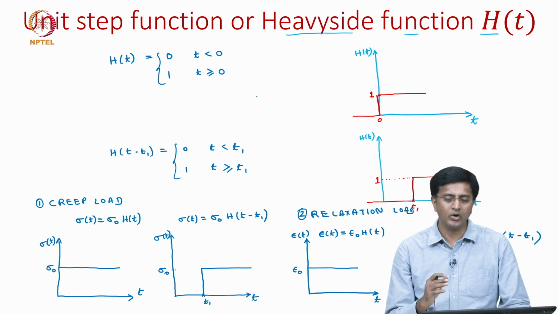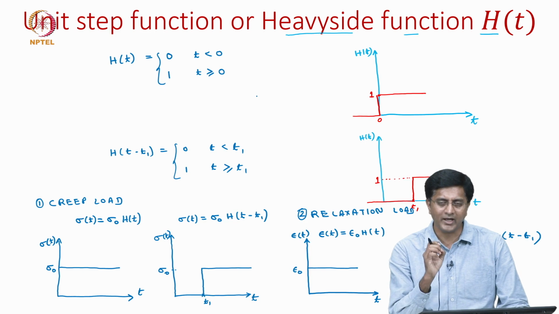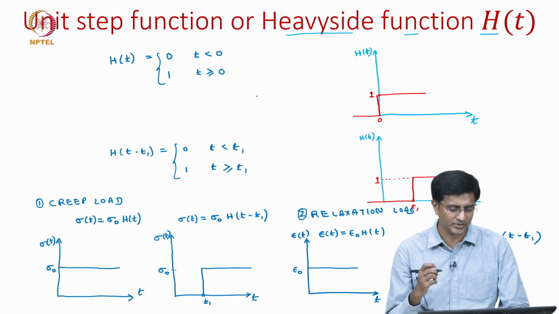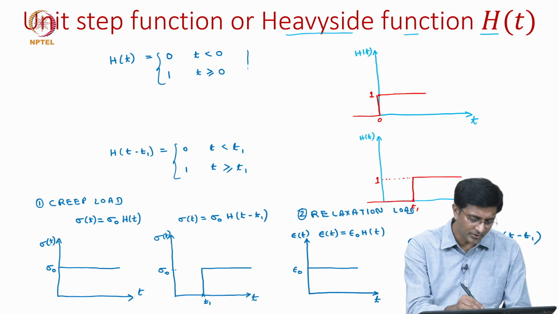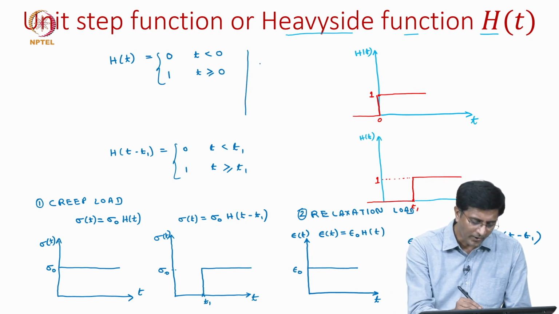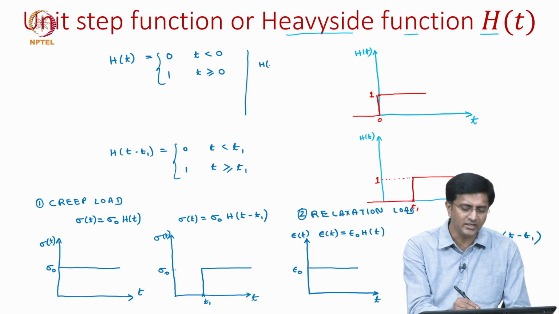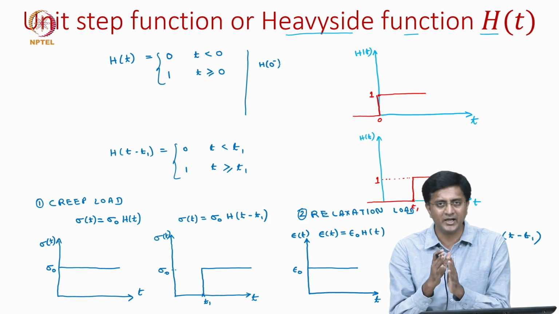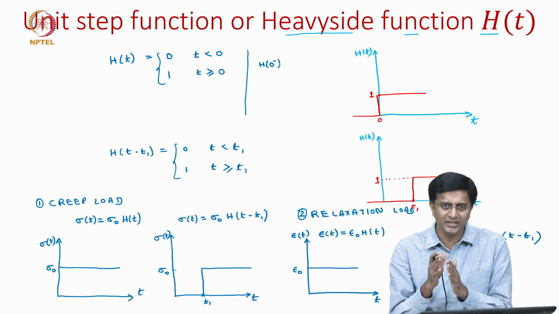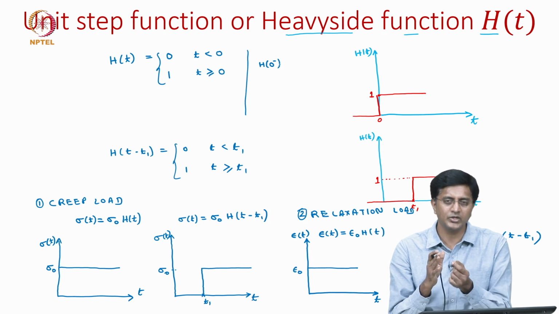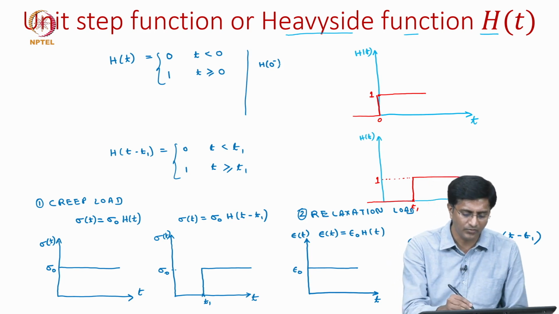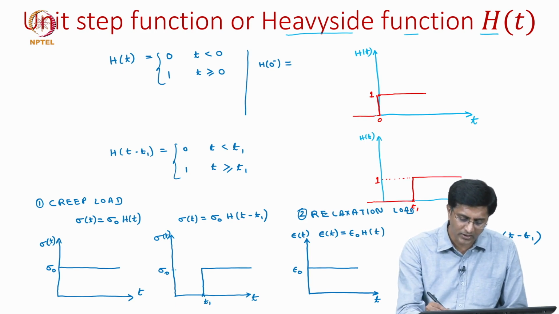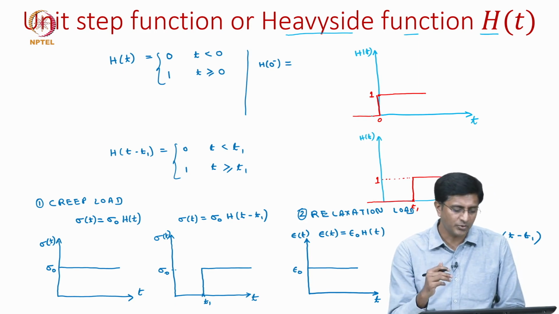Before we move on, let us also discuss what happens in the proximity of time t equal to 0 for the unit step function. In other words, I am interested to know what happens if the time is not exactly at t equal to 0, but infinitesimally to the left of it. That value will be 0, because we are still yet to come to this step.